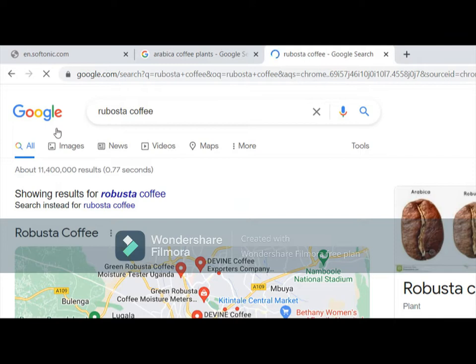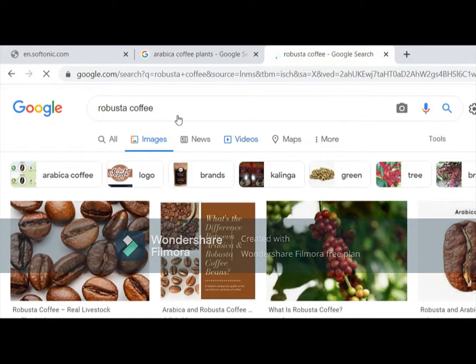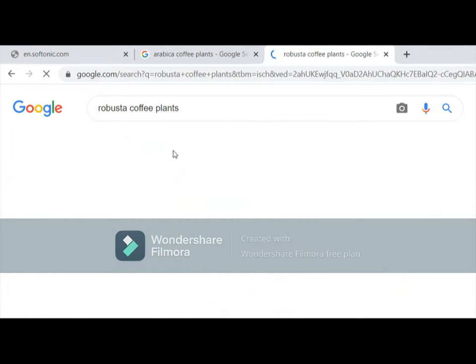I wanna see how these plants look like. Here we go.